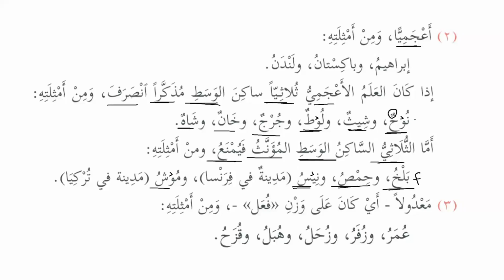And here, what's the main reason behind them? They are masculine. So you see, most of the conditions are the same. They have three root letters. The second root letter is sakin. But the only difference is, if it is masculine, then it is not mamnu min as-sarf, and it's munsarif. And if it is feminine, then most likely it will be mamnu min as-sarf.